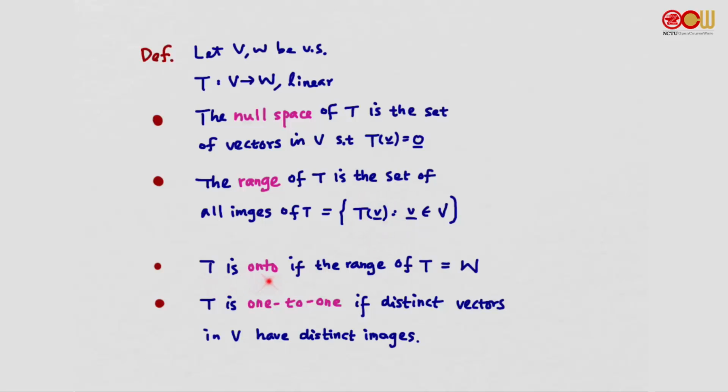And we say T is onto if the range of T is the same as W. And we say T is 1-to-1 if distinct vectors in V have distinct images. All these definitions are just like what we had in Chapter 2.